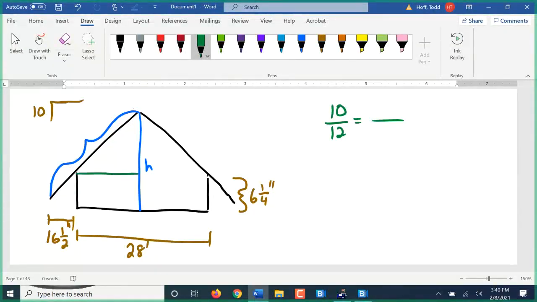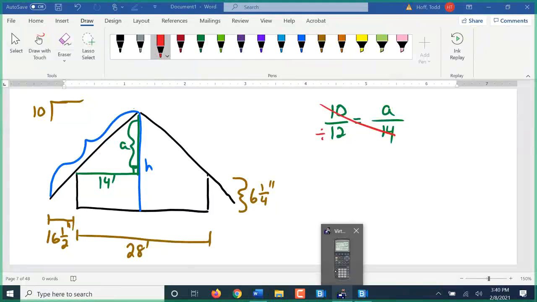We'll call it A over 14, right? Only because then we'd add the 6. You have to add the 6 1/4 inches to it.